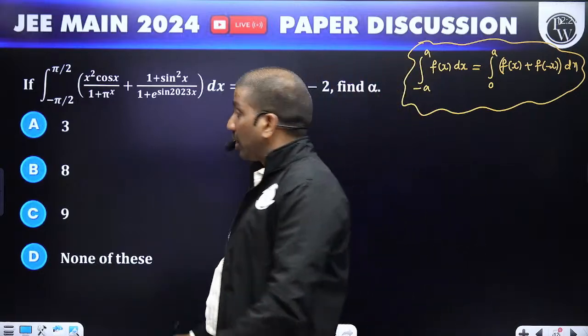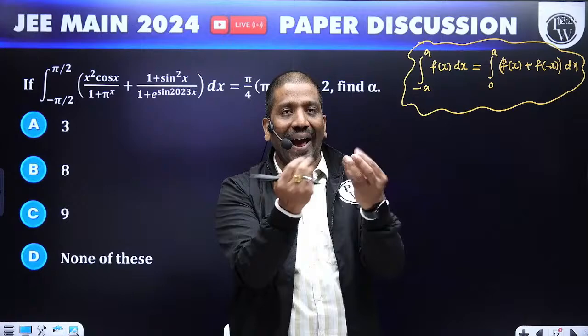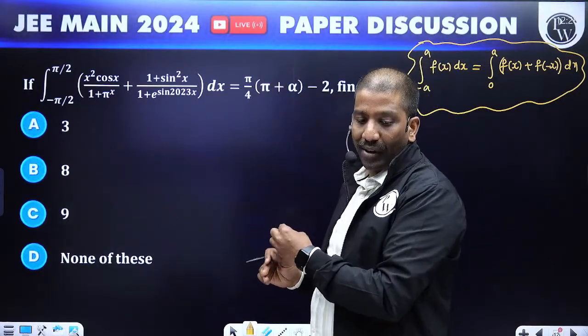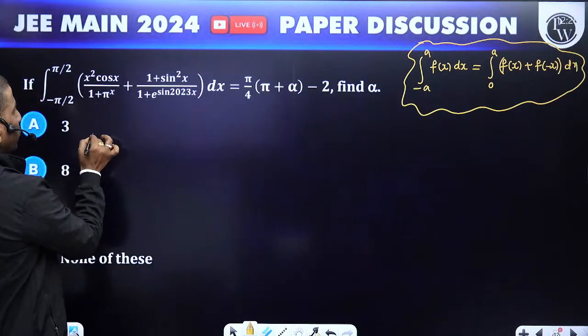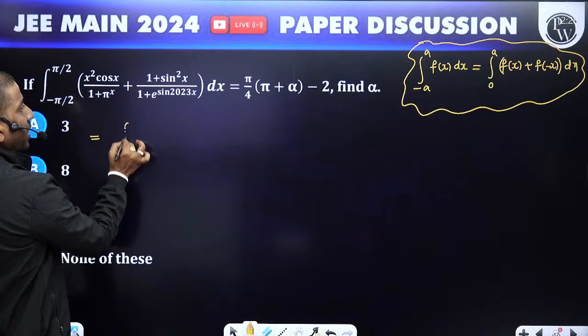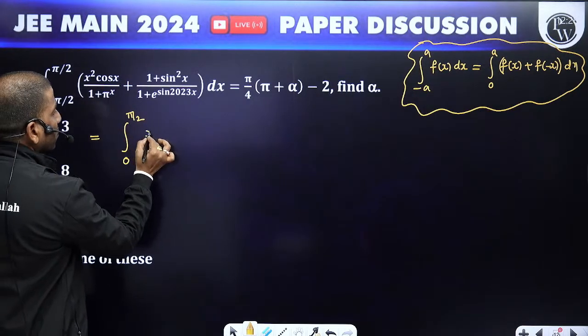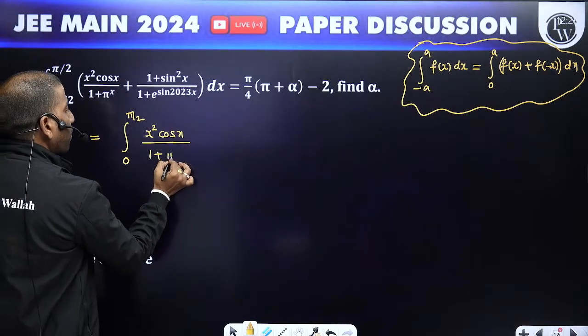So here two different functions are added, so that's a little bit lengthy. According to that form, we will write integral 0 to pi by 2, first f of x, x square cos x by 1 plus pi power x.